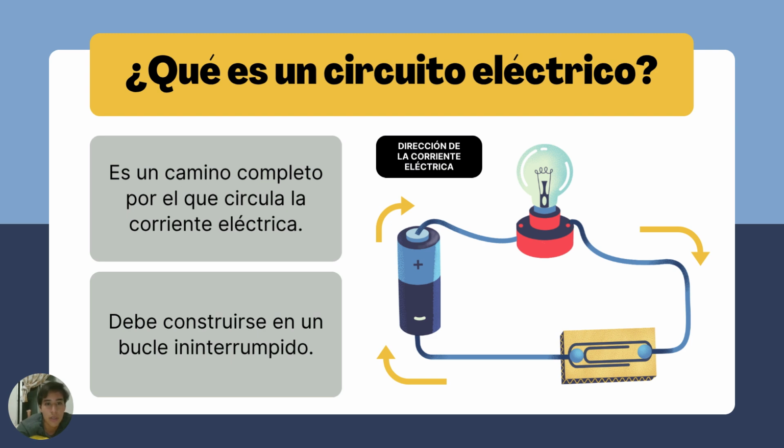What is an electric circuit? Well, an electric circuit is basically a complete path where the current moves, like in this picture.